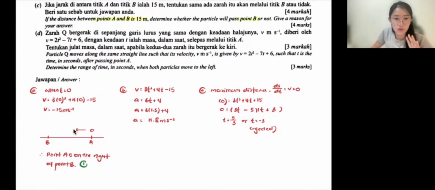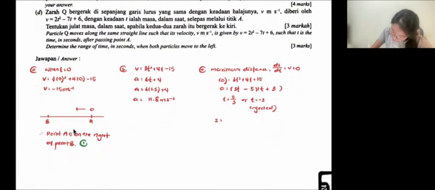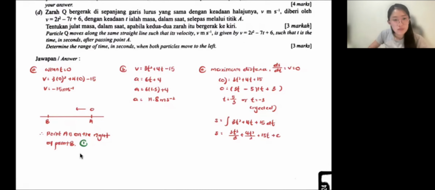Passing somewhere, you need to find displacement because that tells you position. Velocity tells you movement. Acceleration tells you the changes in speed, changes in velocity, correct? So only s will do. So if you want to find s, you need to integrate. Integrate 3t squared plus 4t plus 15 with respect to t. All right, find this out first. 3t cubed over 3 plus 4t squared over 2 plus 15t plus c behind.